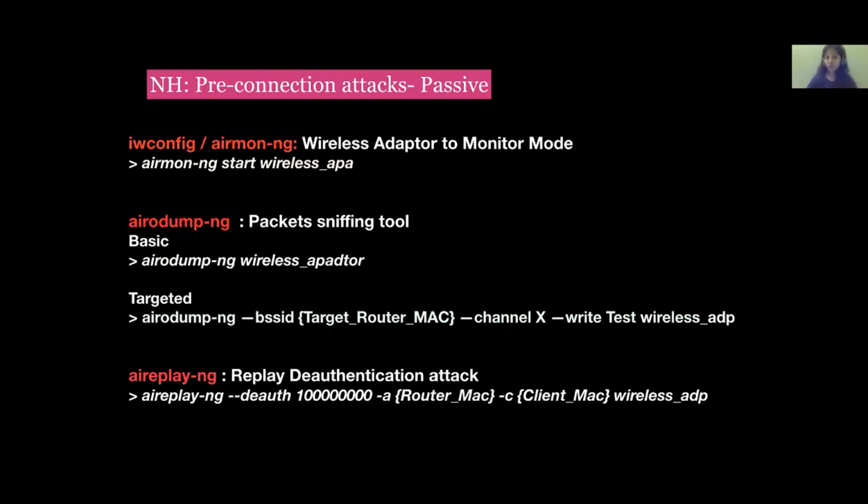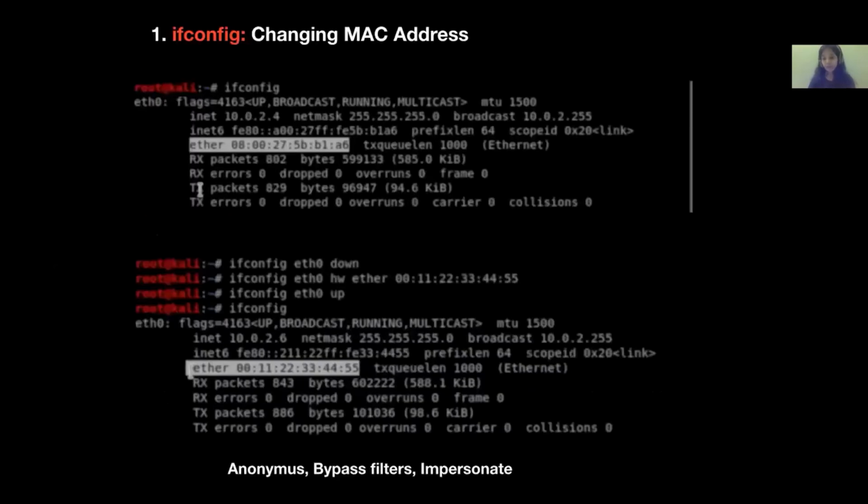The tools that I will be using here all come in Kali Linux: airmon-ng, airodump-ng, all of these. You could see I've used the commands here, but I'll just be showing you how the attack actually happens. Most basic thing, this ifconfig, you could find it in your regular system as well.